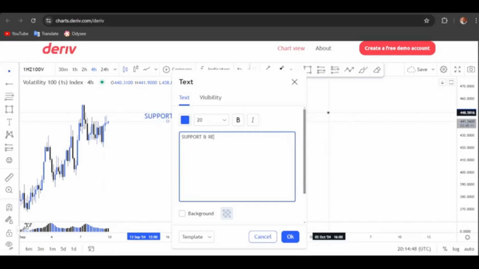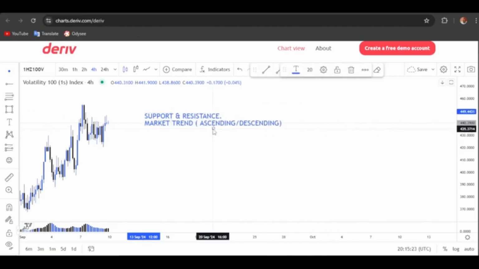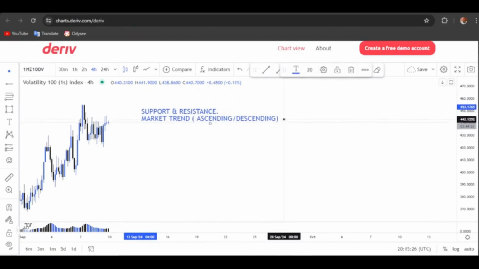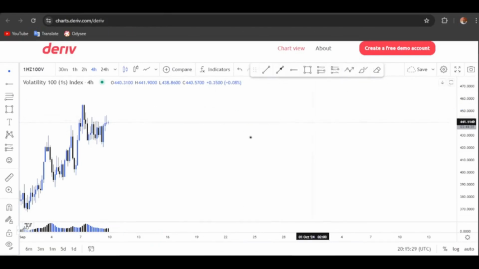We're also going to look at the market trend, and by market trend I mean whether it's ascending or descending. These are two things that are going to be very key. We're going to be using this a lot to identify that.